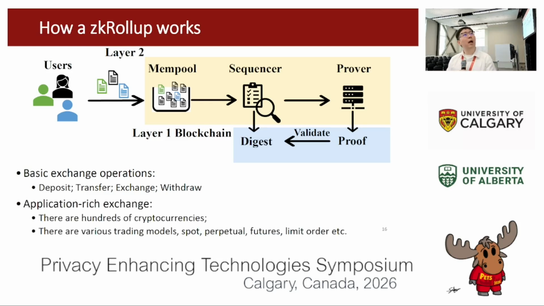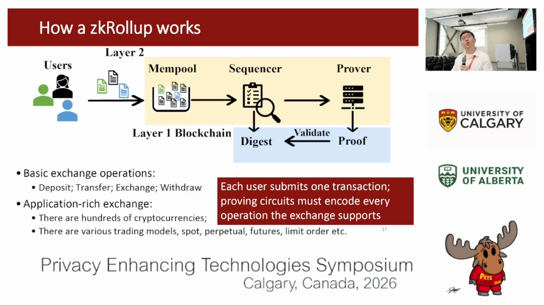For application-rich exchanges, there will be hundreds of cryptocurrencies, and there are various trading models, including spot trading, perpetual trading, futures, limit, and other trading, etc. Therefore, each user only submits one transaction, but the proving circuit must include every possible operation the exchange must support.